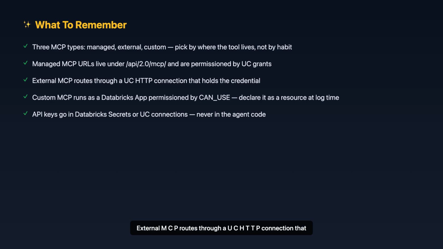External MCP routes through a UC HTTP connection that holds the credential. Custom MCP runs as a Databricks app permissioned by can_USE, and you declare it as a resource at log time so the deployed service principal gets access. And the credential rule that ties it all together: API keys go in Databricks secrets or UC connections, never in the agent code.